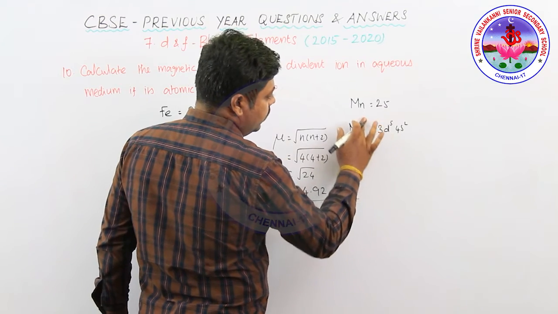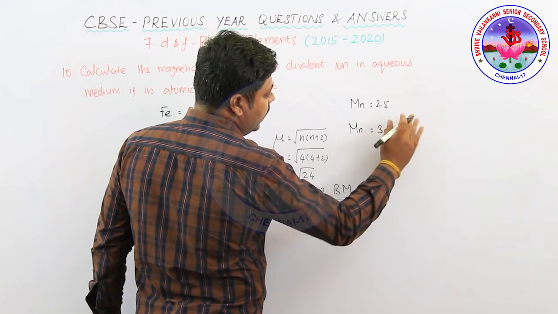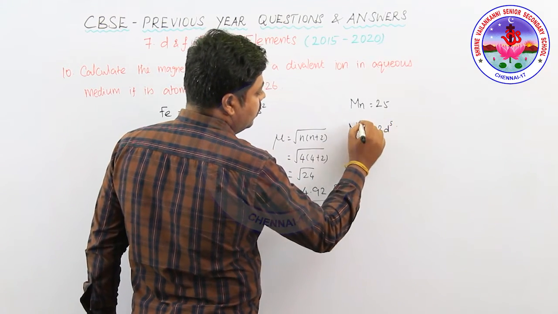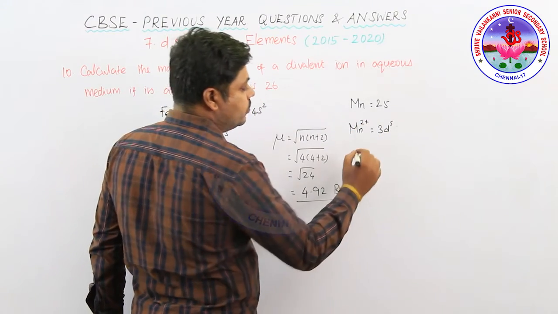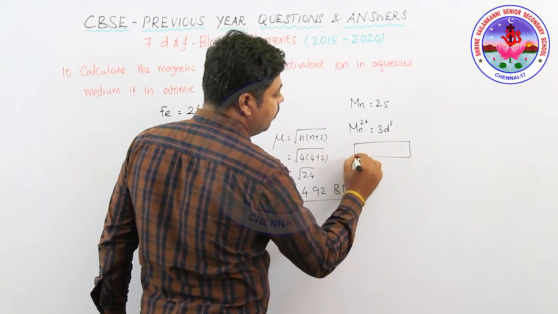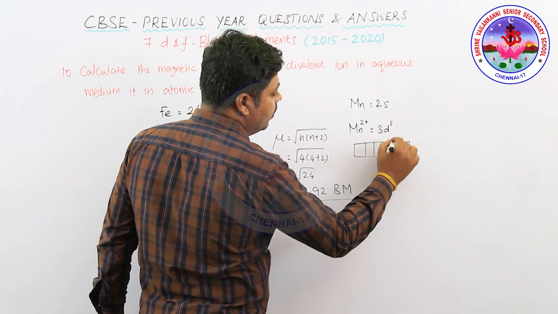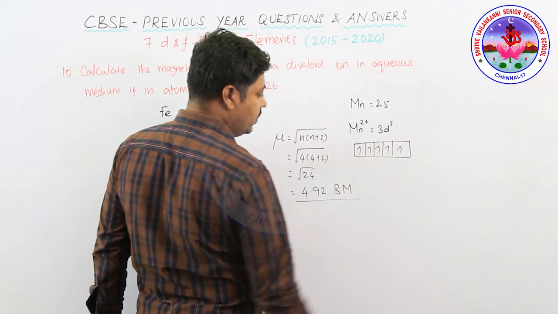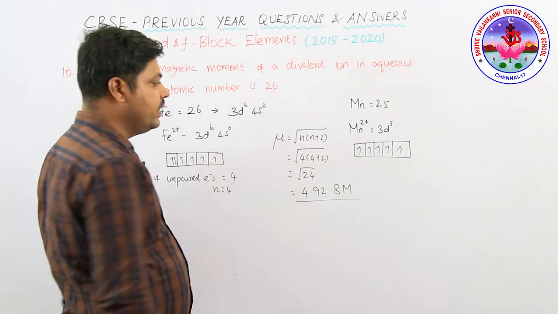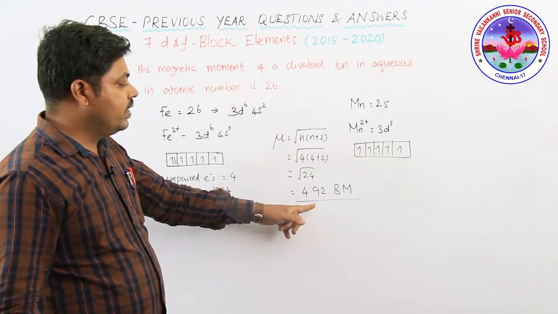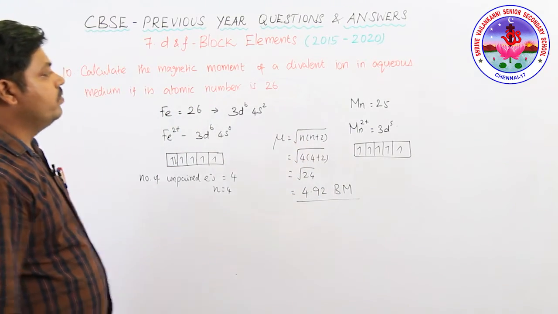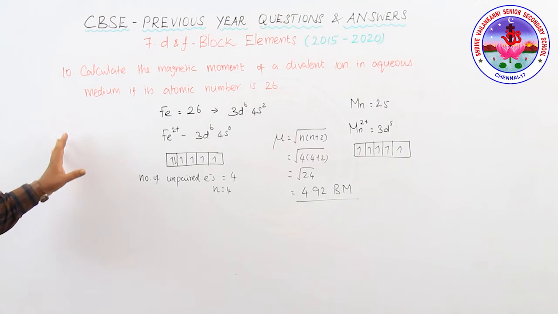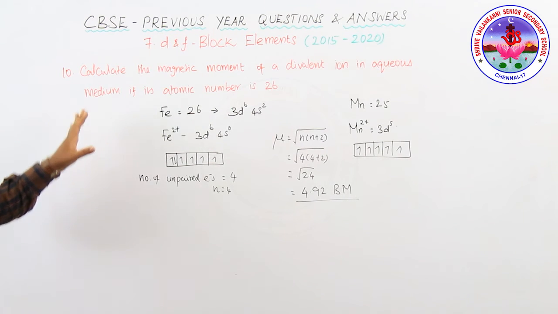Mn2 plus means removal of the 2 electrons, leaving 3d5, which means 5 unpaired electrons in the d orbital. Similarly, you apply that n value in this formula and you will get the mu value. This is the calculation of the spin only magnetic moment.